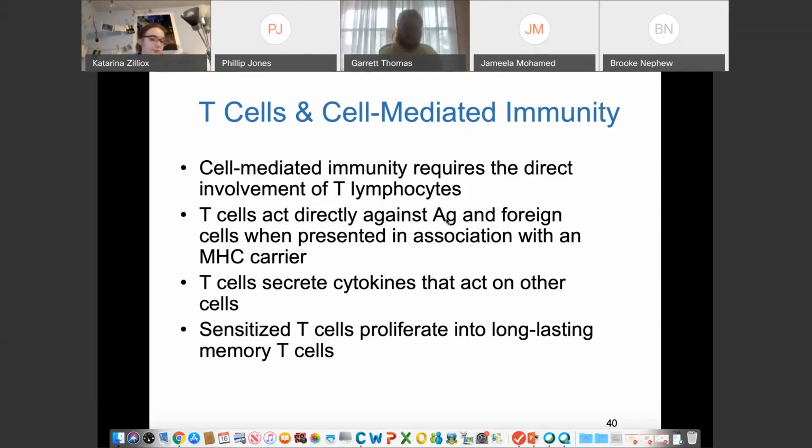Do you see all the nonsense, or you just see the PowerPoint? I can just see the PowerPoint. Your bottom dock. Okay. There we go.